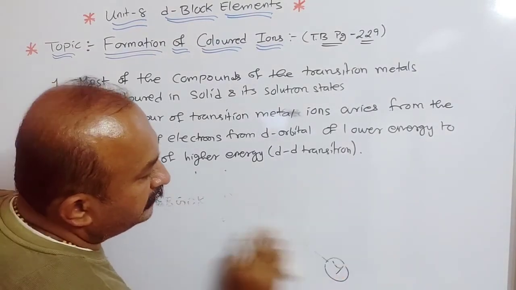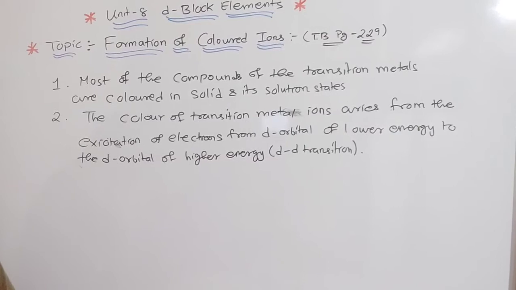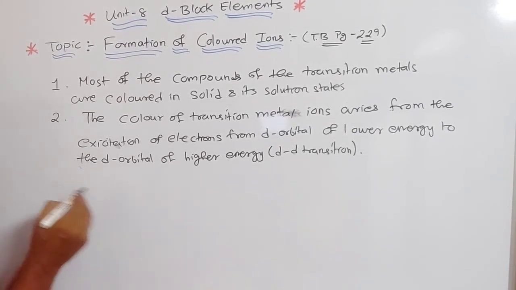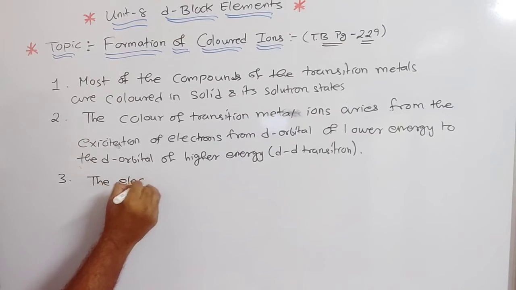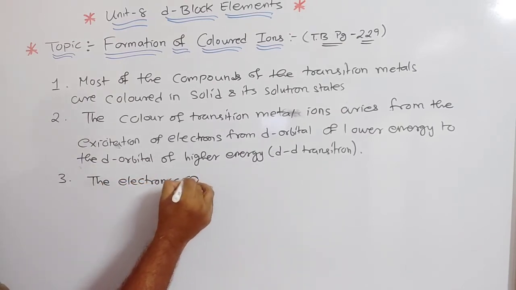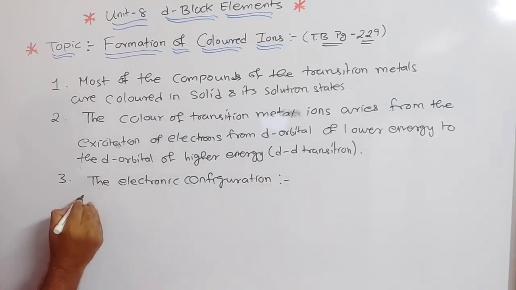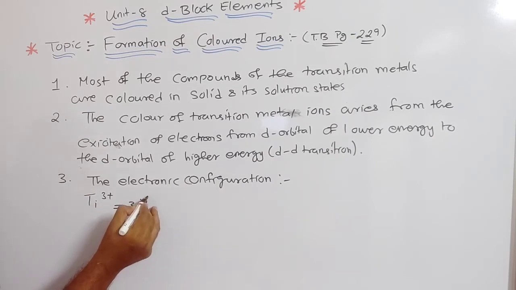In your textbook, you can see one table is given, but you can remember it in a very simple way. That is the electronic configuration given there. Ti3+ is 3d1, I think.